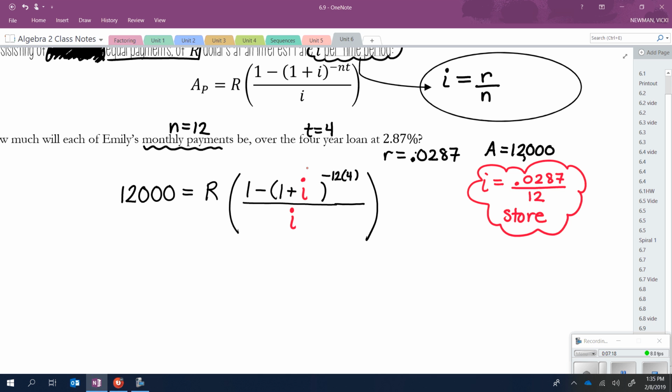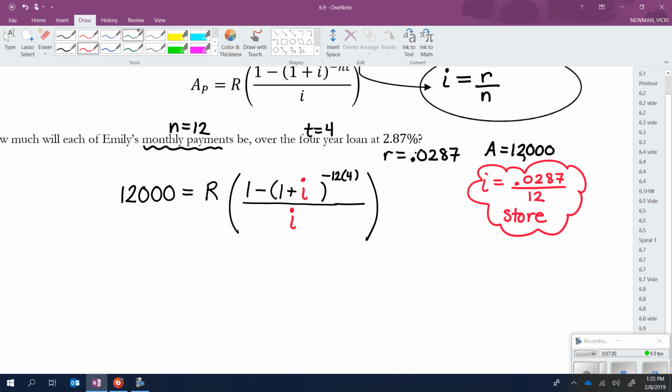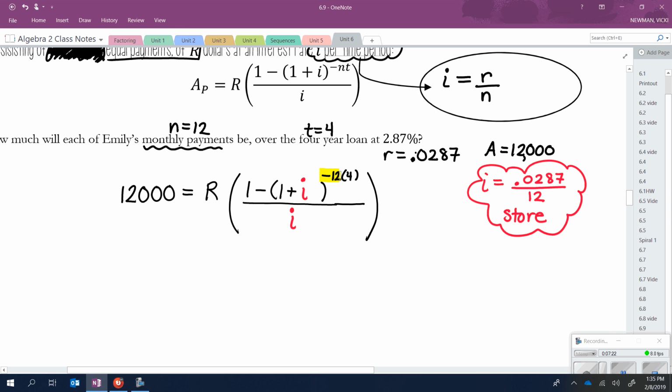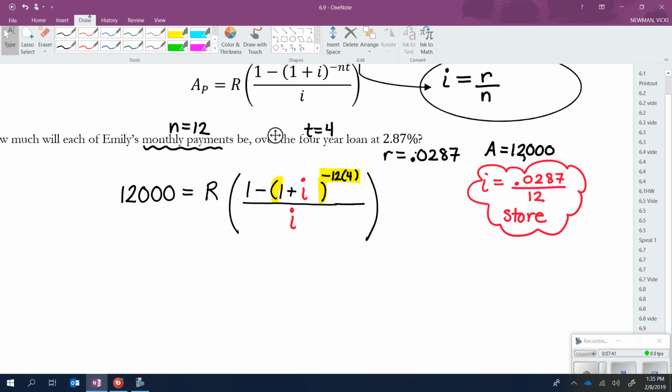Now, what I want to point out to you is, do you guys see that negative 12 times 4 is only on this set of parentheses? It's not on the complete big parenthesis. I was watching some people mess that up earlier, just because you have so much to write and it's all squished in. So I would draw those big parentheses last, maybe.